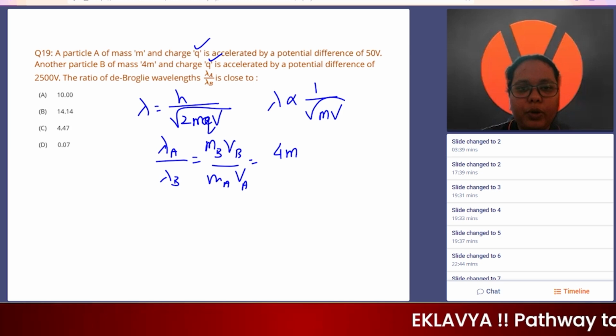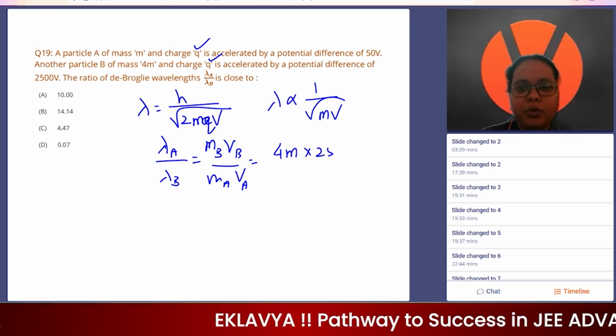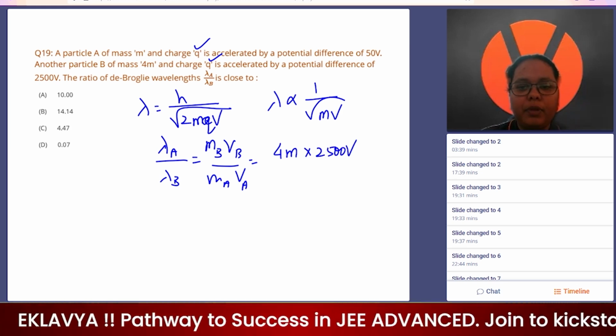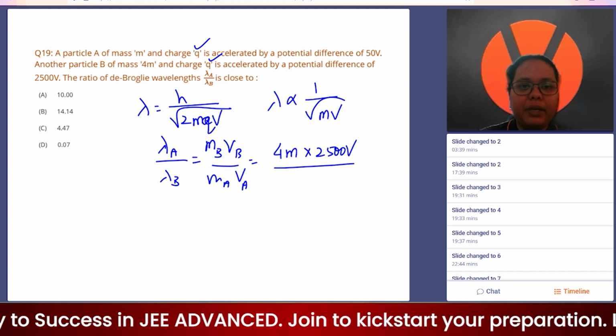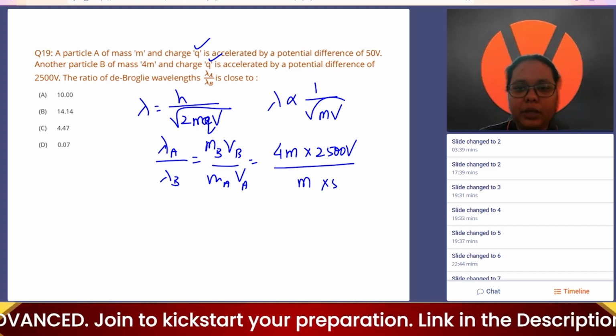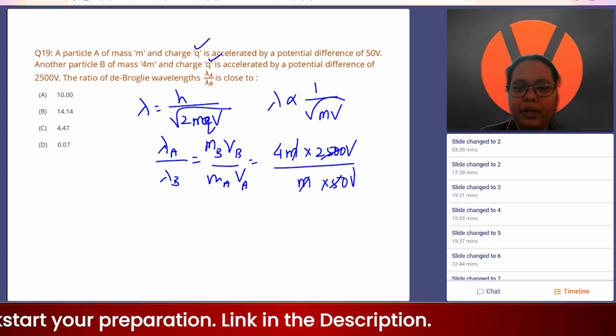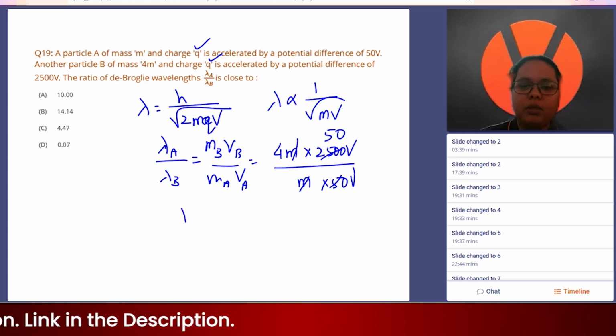It is 4m and the potential is 2500 volt, divided by the mass of the A particle, m, into 50 volt. So m and m, 50 and 50, right?